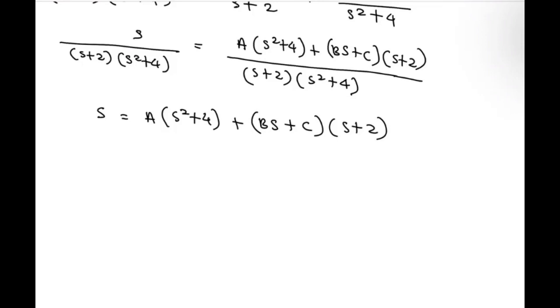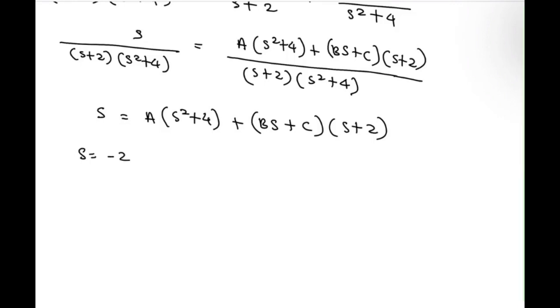Right, so we can employ the same strategy, but this time we cannot make A equal to 0 because here we have s squared. You only can make B and C equal to 0. So you can only find A, by using the same technique. So let's first find A. To find A, we must make B and C vanish by setting s equal to minus 2.